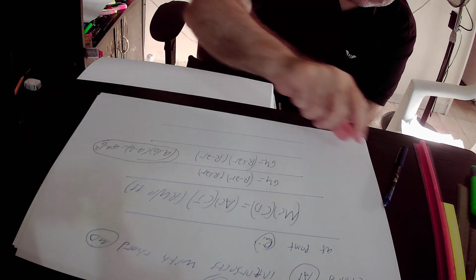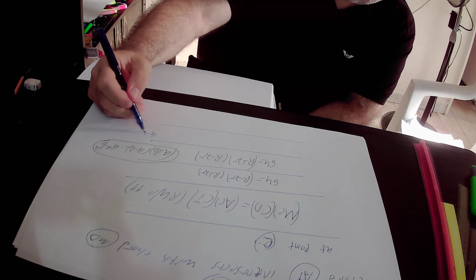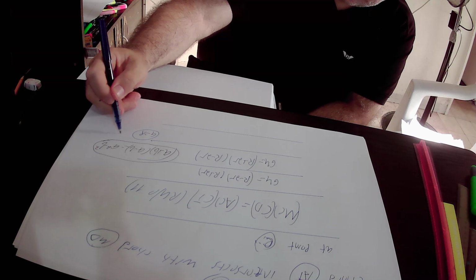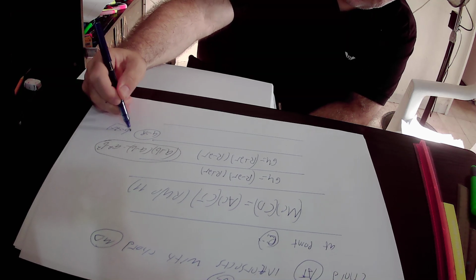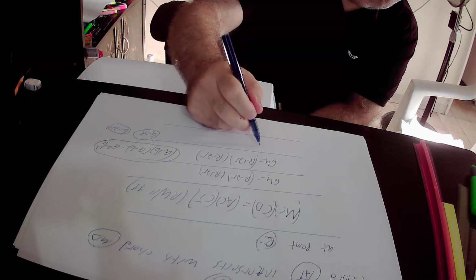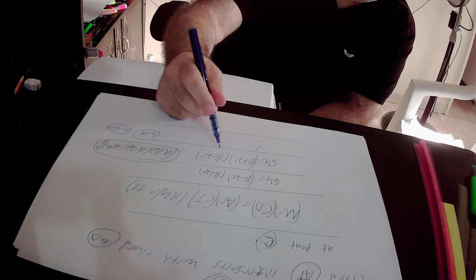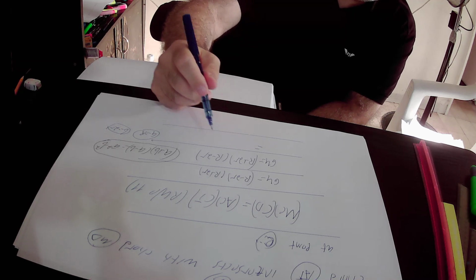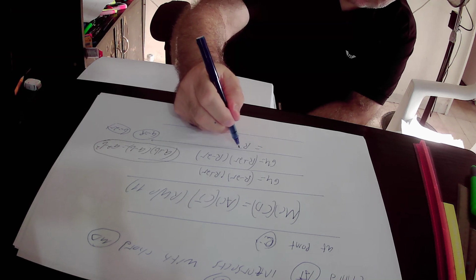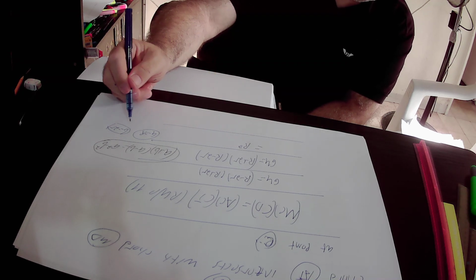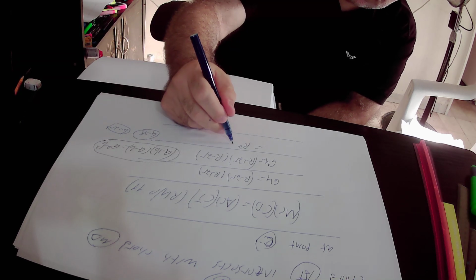In our specific expression, A equals capital R and B equals 2R. Therefore, this expression equals A squared minus B squared. A is capital R, so A squared is capital R squared, minus B squared. B equals 2R, so minus B squared is minus 2R squared.